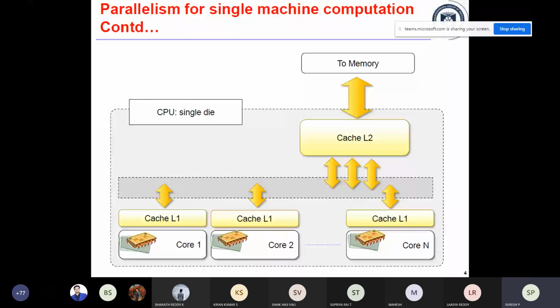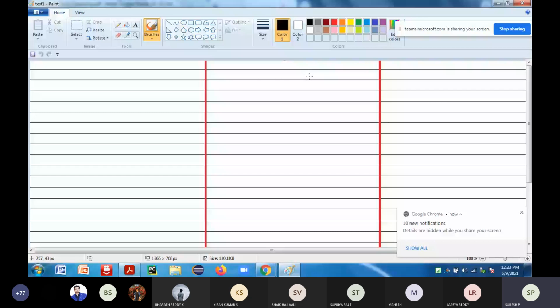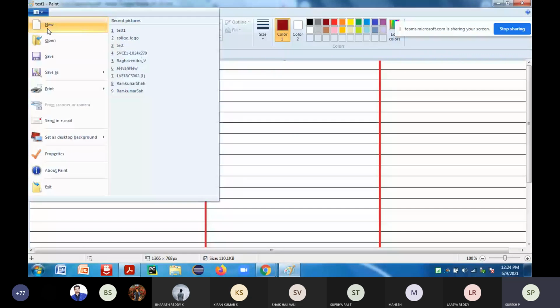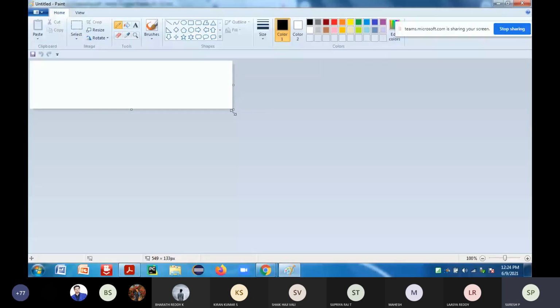Let me take the memory hierarchy as an example. One minute, I will enlarge it to show.